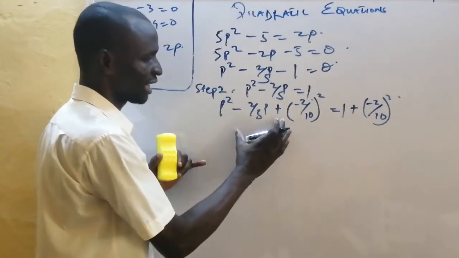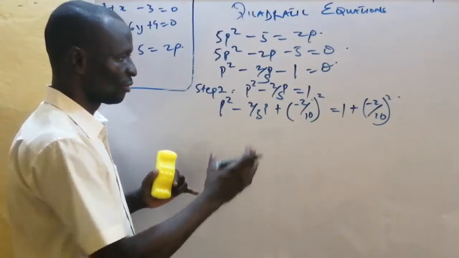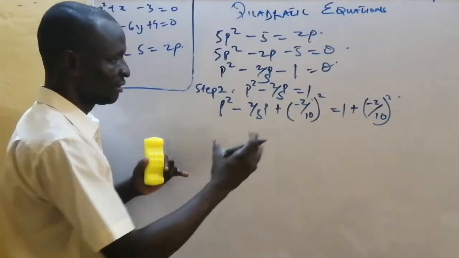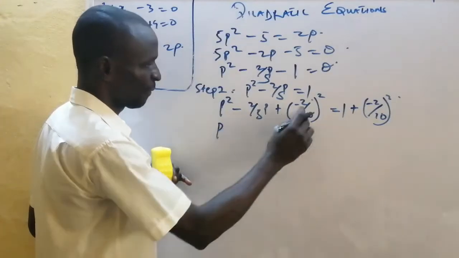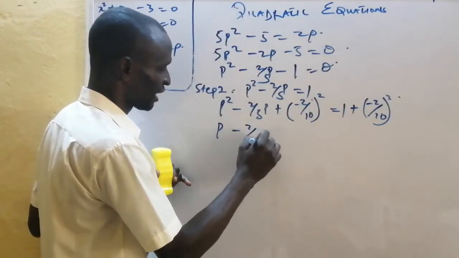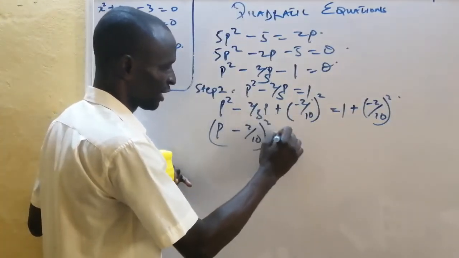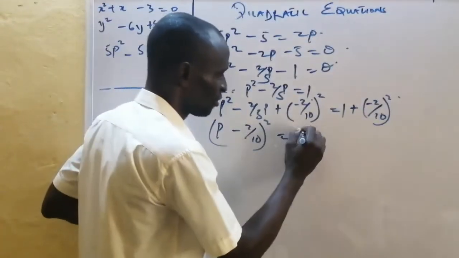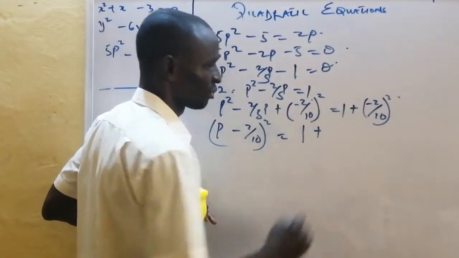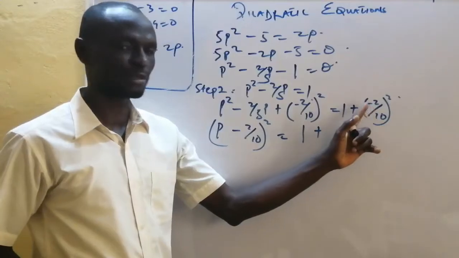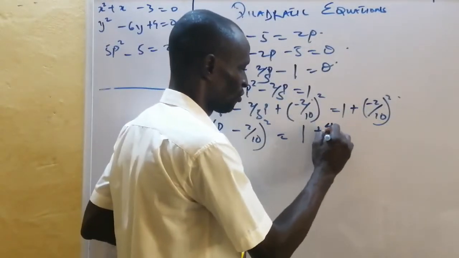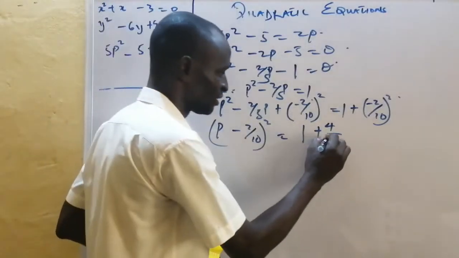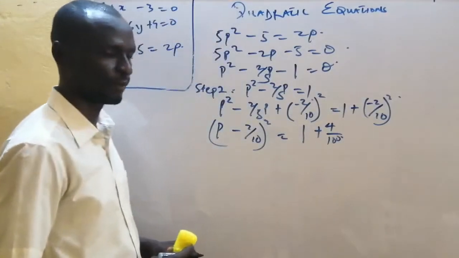Now, this is actually a complete square. We can now expand or break it down, so that this becomes p minus 2 over 10 all squared equals 1 plus minus times minus here is plus, 2 times 2 is 4, over 10 times 10 is what? 100.